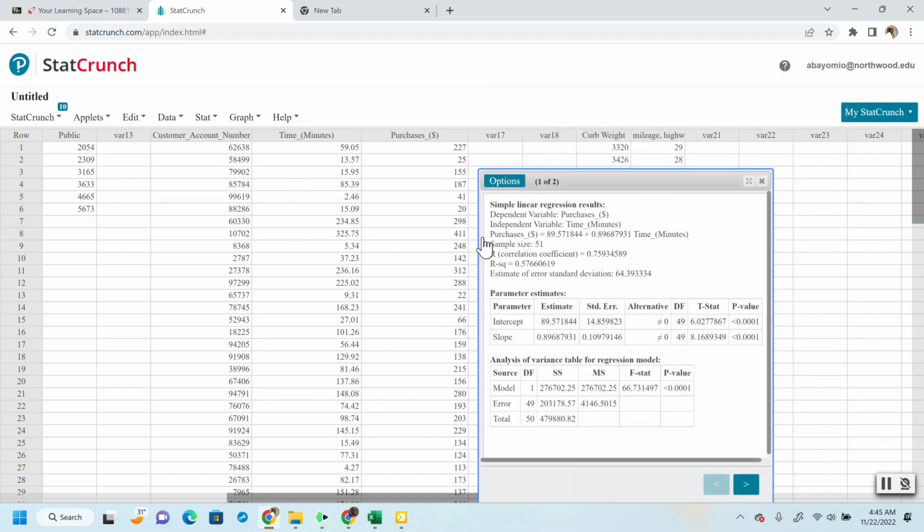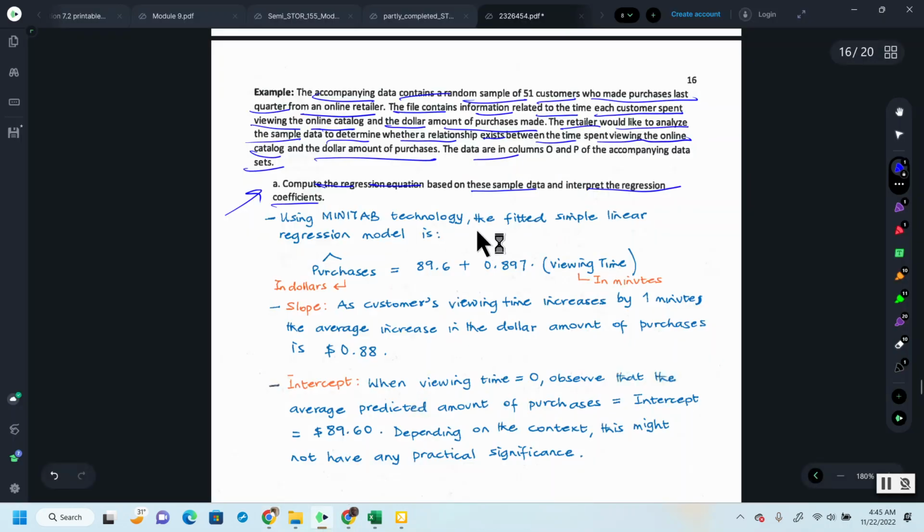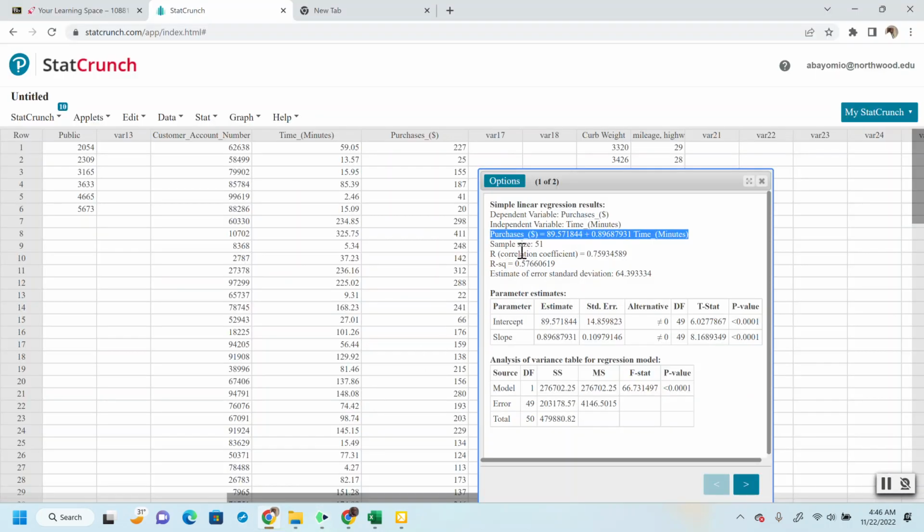In particular, I need the regression equation, which is this. The sample size is 51. That's your N. So predicted purchases is equal to 89.6 plus 0.897 times the viewing time. Take note, this is your predicted Y variable in terms of your X variable. Please note that I got this equation from here.